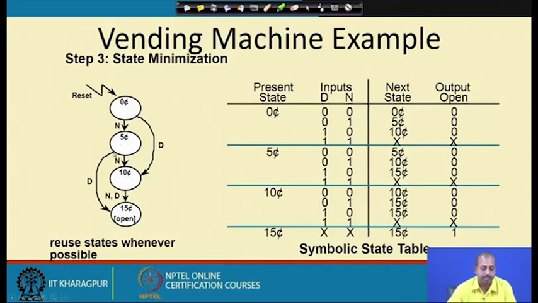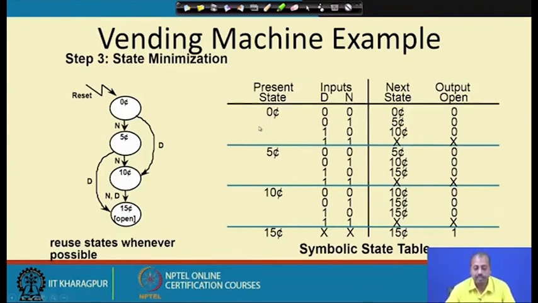Similarly, from the 5 cent state, if a dime is given, it comes to 15 cent, and from the 10 cent state, a nickel also takes it to 15 cent. Of course, from 10 cent, if you put a dime it is 20 cent, but we do not need to remember that as a separate state, because no separate action is necessary. So, that is 15 cent only.